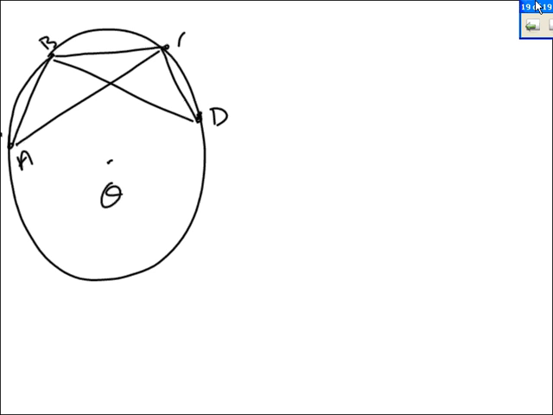All right. And you were told that AC is congruent to BD. And this is given. And you want to prove that CD is congruent to AB.